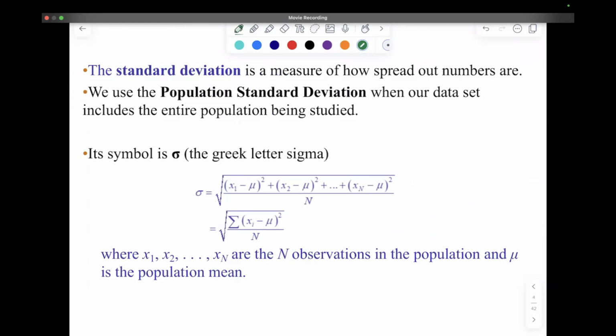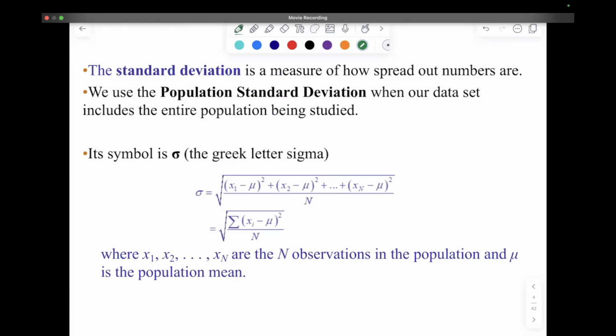So we take the average distance the data values are from the mean, and that's the standard deviation. A larger standard deviation says that things are more spread out, therefore that average distance is more spread out. A smaller standard deviation means things are grouped more right around the mean, right around the center of your data, and therefore you have that small standard deviation.